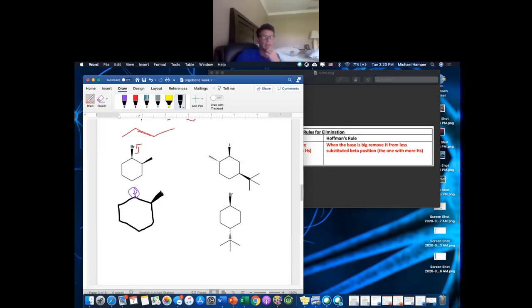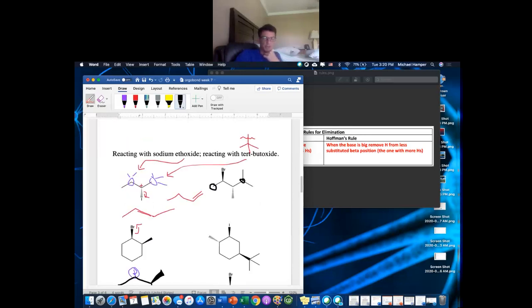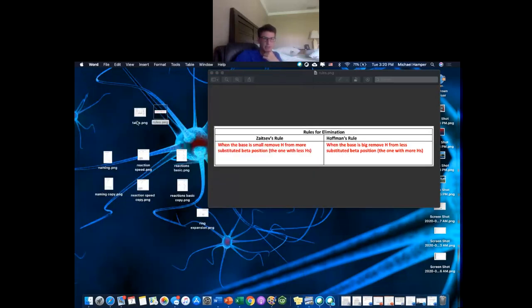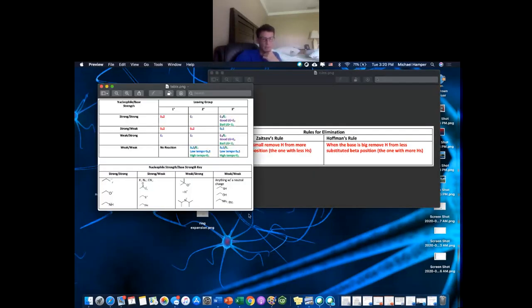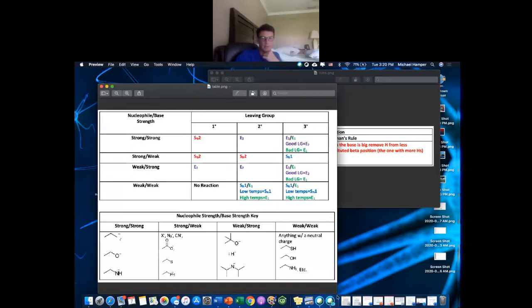Again, to walk through the mechanism, I know that it is an E2 mechanism because you have a secondary leaving group and you have a strong nucleophile base. I know this because of the table. Again, this table will make or break this next exam.